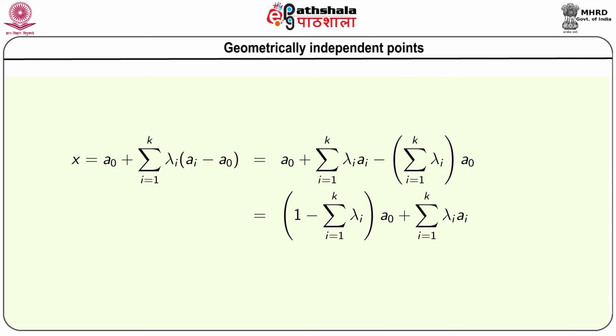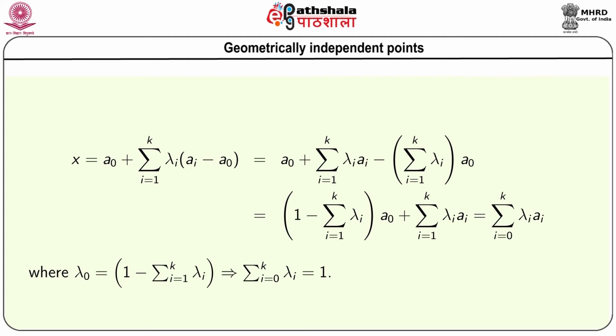Now, when x has this expression, it can be rewritten as A0 plus summation lambda i Ai, i equal to 1 to k, minus summation lambda i A0, where i is varying from 1 to k.